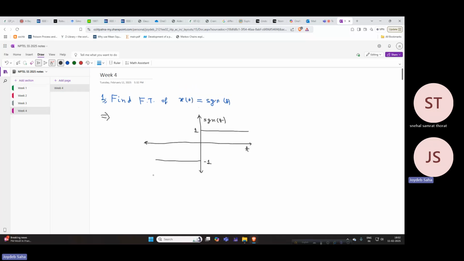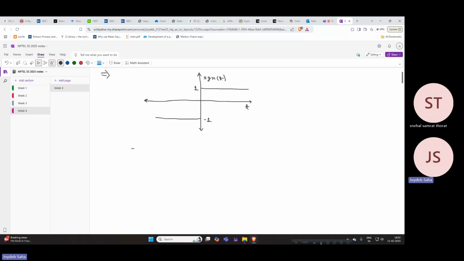Fine. So we can write in mathematical form sgn t is equal to 1 for t greater than 0 and minus 1 for t less than 0.